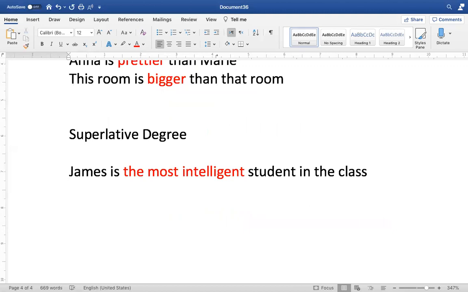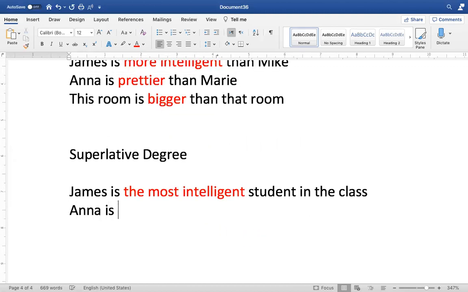All right, then you can say, for example, Anna is the prettiest girl in the family. In the family, there might be many girls, but if you're comparing one girl with all the girls in the family, you say Anna is the prettiest girl in the family.